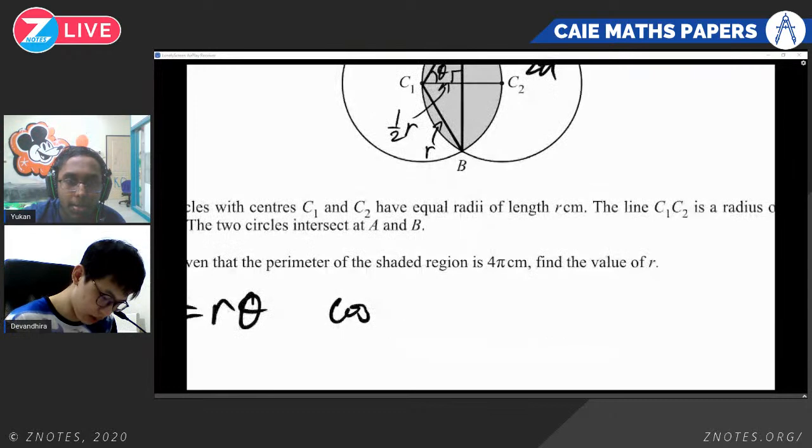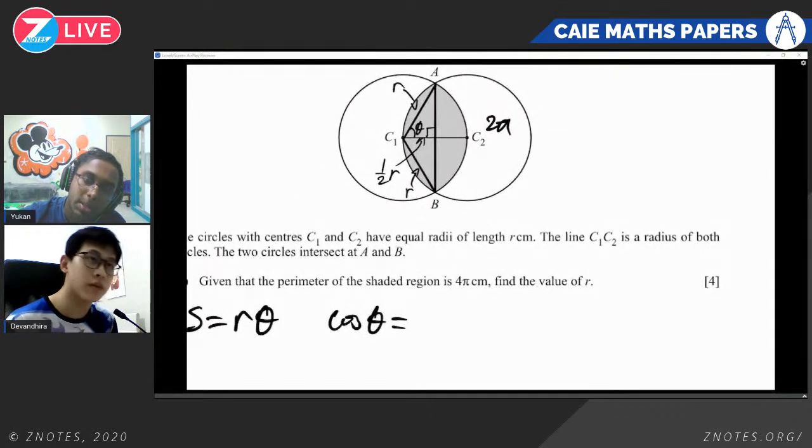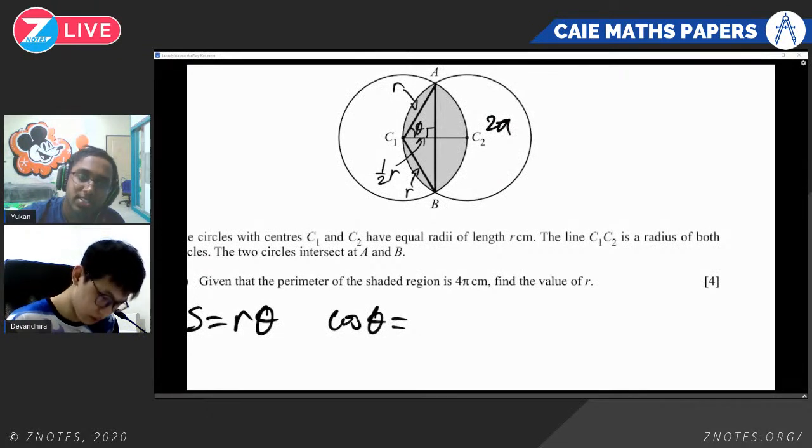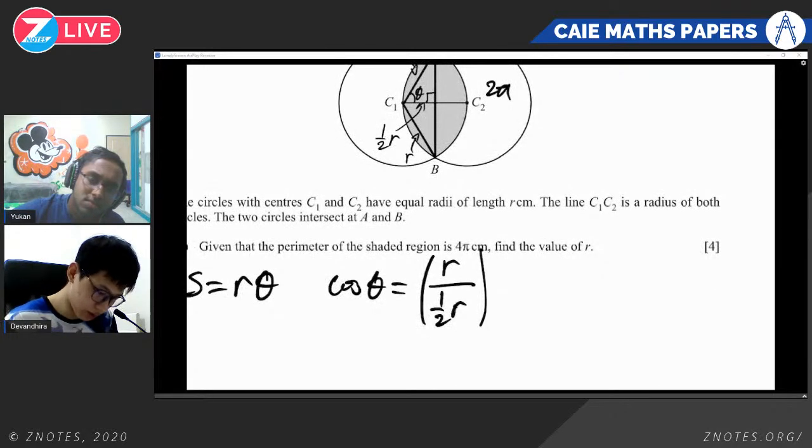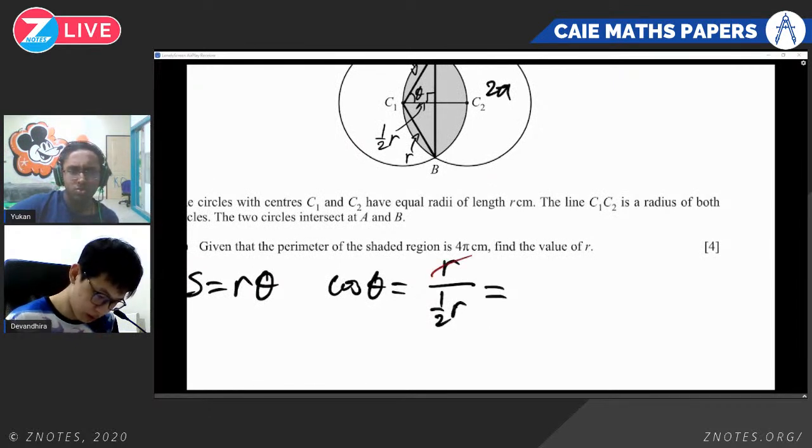So cos theta is the hypotenuse over the adjacent, with hypotenuse r, divided by half r, the r's cancel and you get 2.